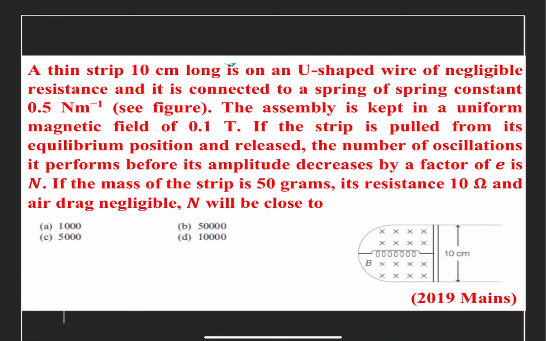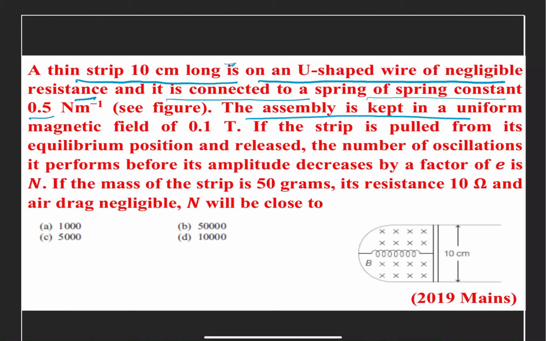So the next question. It is given that we have a thin strip 10 centimeter long on a U-shaped wire of negligible resistance. It is connected to a spring of spring constant 0.5 Newton per meter as in the figure.